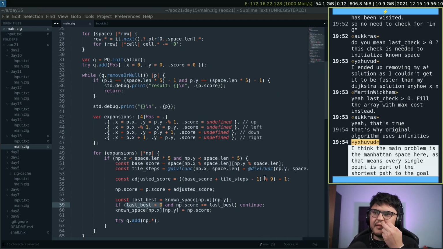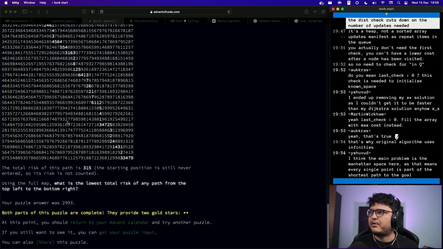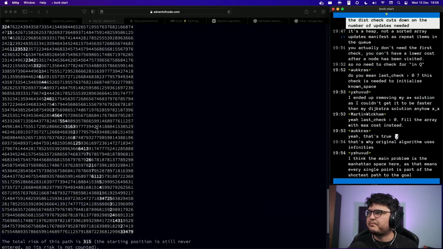I think the main problem is the Manhattan space here, as that means every single point is part of the shortest path to the goal. You don't necessarily have to use Manhattan space if you think it's suboptimal. If you want to encode the diagonal concept more cleanly, just use the approximated length of the diagonal.